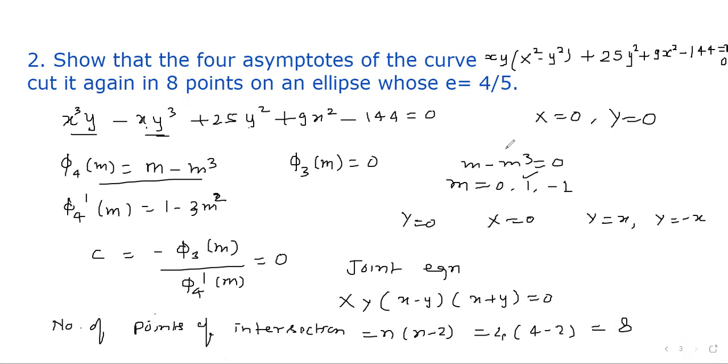Now, we write the given equation in the form F₄ + F₂ equal to 0. So the intersection points will lie on F₂, and F₂ is this much. So let's write F₂ separately. F₂ equal to 9x² + 25y² − 144 equal to 0.